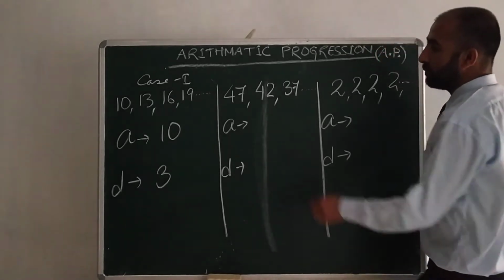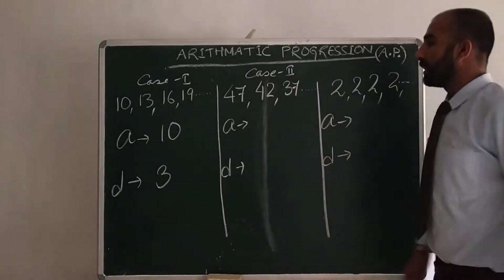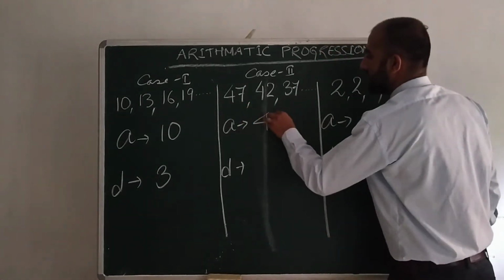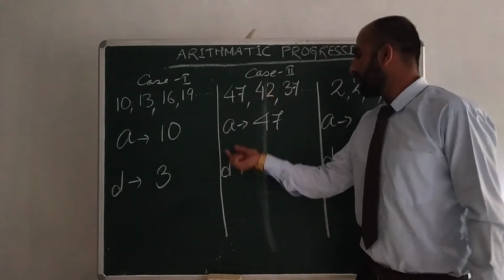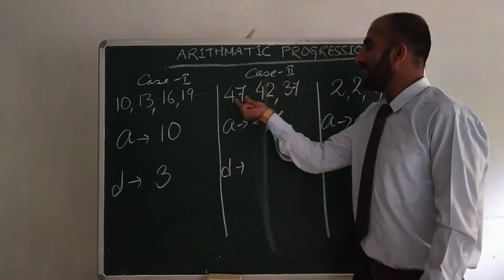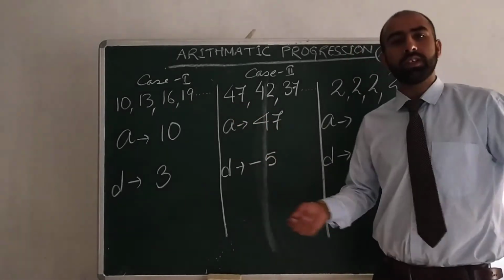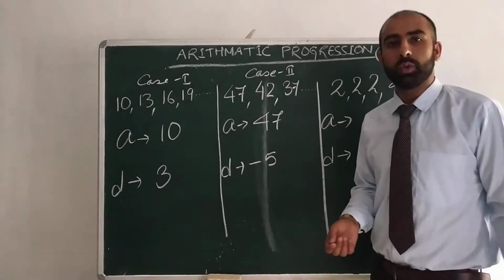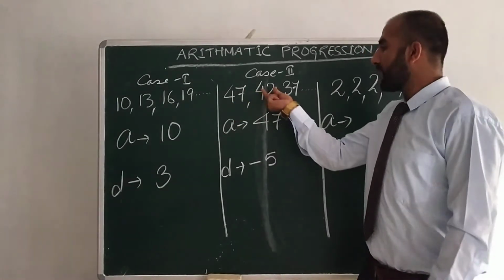Okay, let's move on to case 2. Let's see in case 2 what happens. See, the first term is 47. That is the starting term is 47. And the second term is 42, so the common difference is 42 minus 47. That is minus 5. Here you need to note one thing very carefully, kids. Most of the students see that this one is a bigger number, this one is a smaller number.